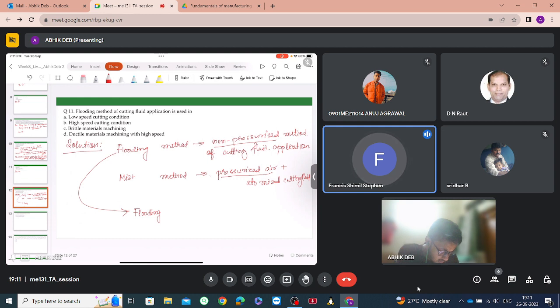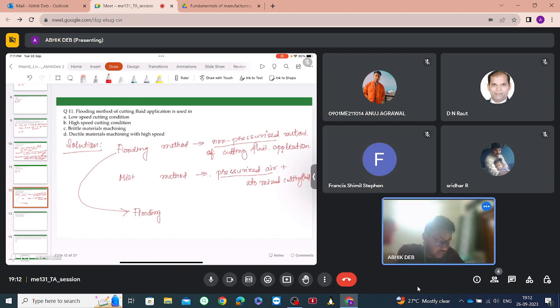I mean, the heat generation will be very high for stainless steel materials, hard and brittle material. But stainless steel is not a brittle material. It's actually martensitic. I mean, it's really hard, isn't it?